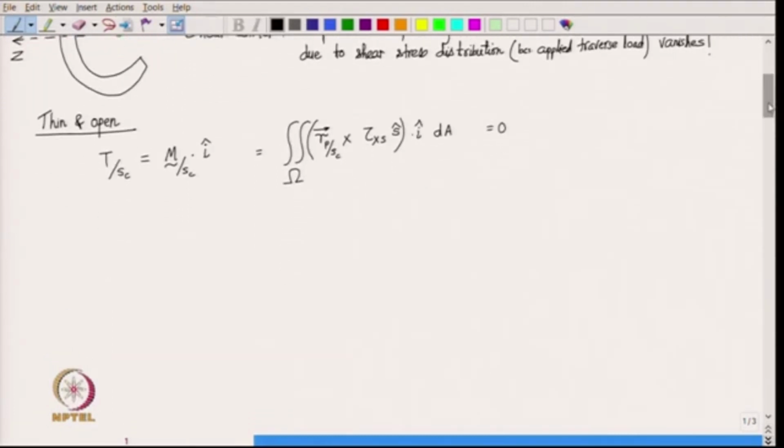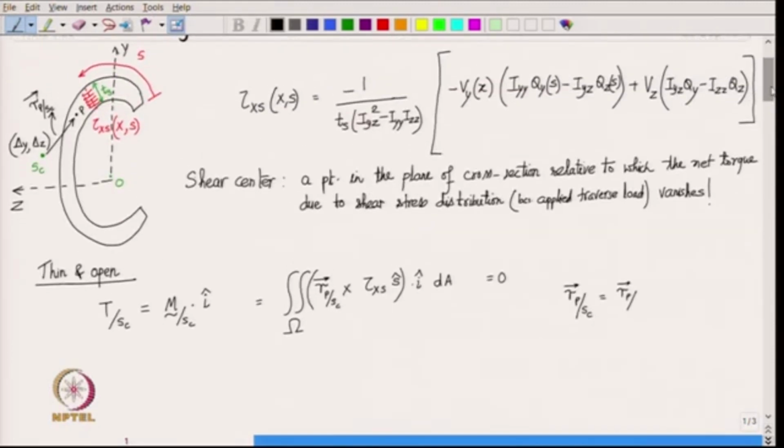Now, R P of S C, the position vector of the point P relative to the shear center, which is an unknown, could also be written in terms of the position vector of the point P relative to the centroid, the point O here. So, basically we have two more vectors and we can use the triangle law of addition.